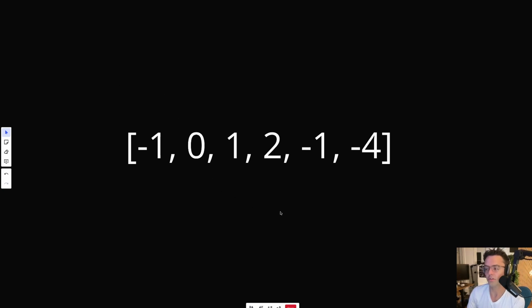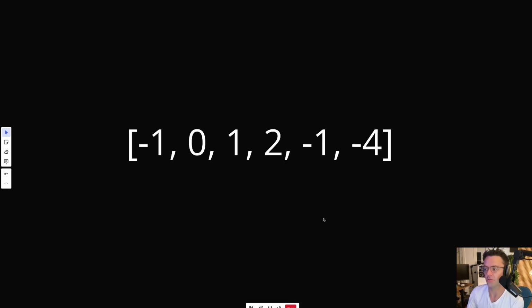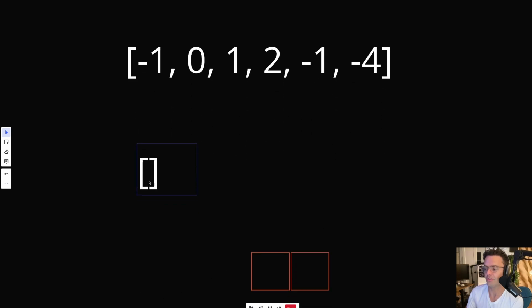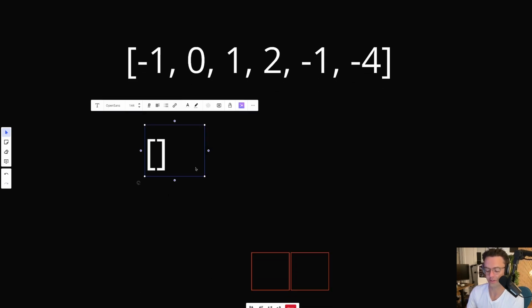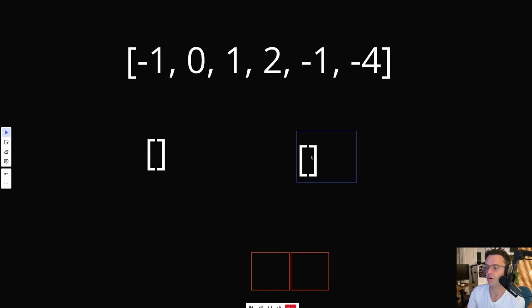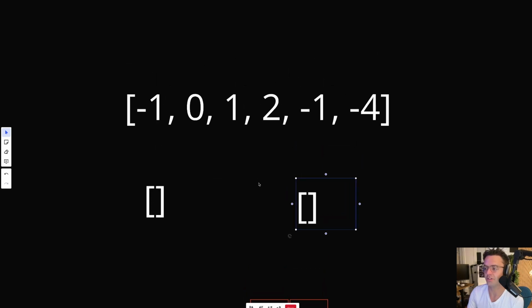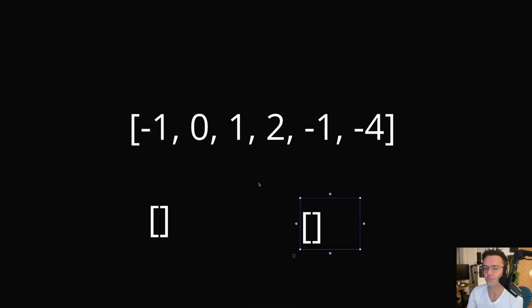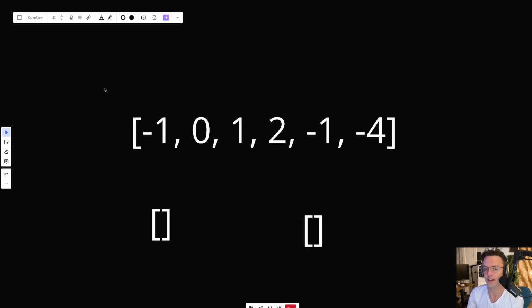So we're going to solve this using 2 hash sets. And with that in mind, let's just go ahead and initialize our 2 hash sets. These brackets right here are going to just be our 2 hash sets, and they're pretty much indistinguishable from arrays, but they just have those unique properties that we talked about before.